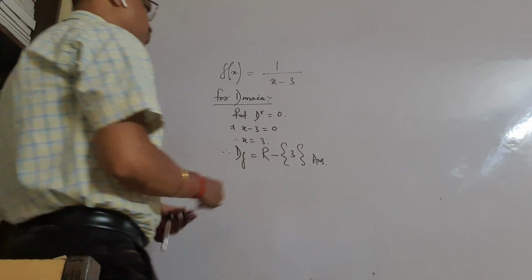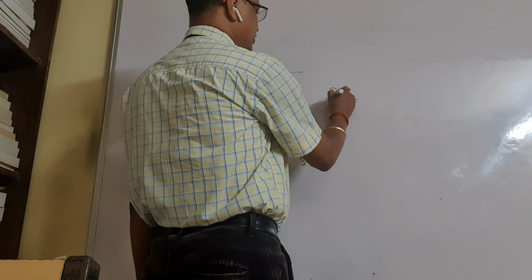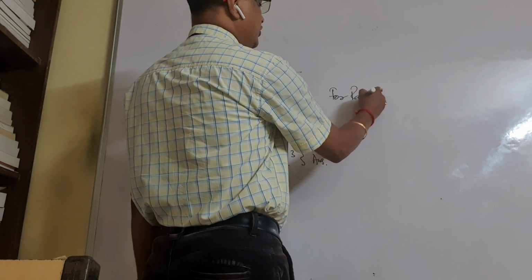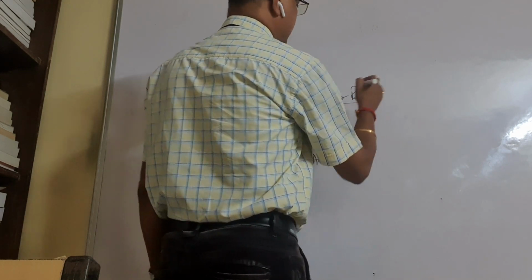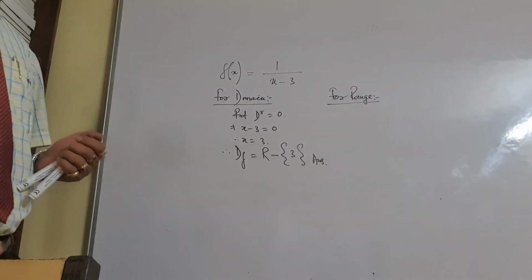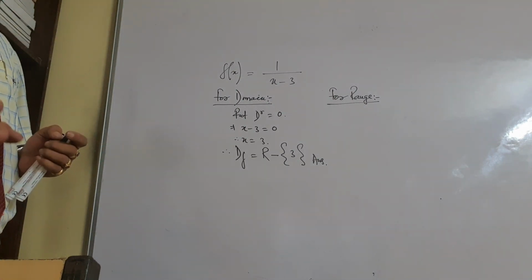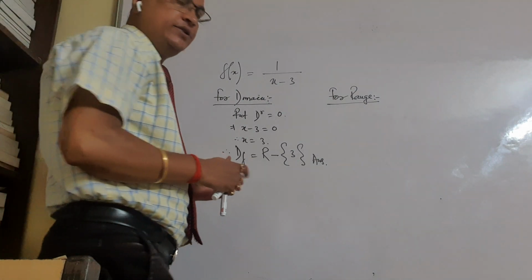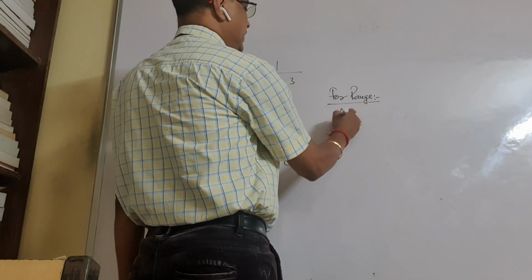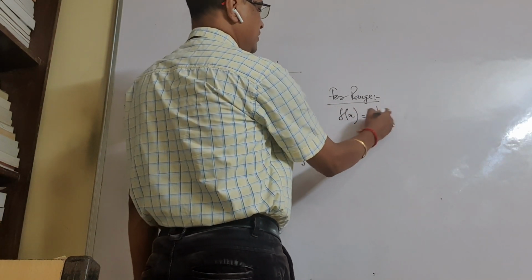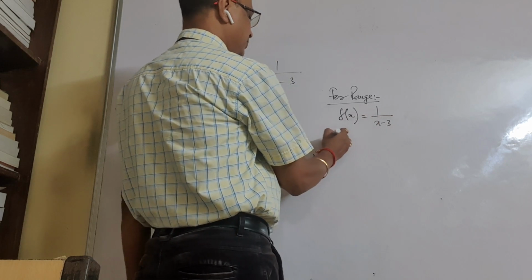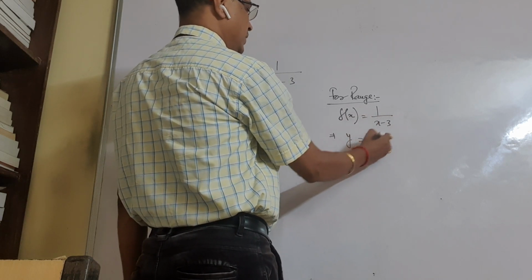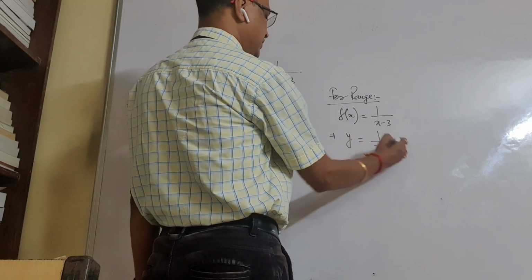Now for the range, how to proceed for the sum? If you follow the steps, I already told you, 3-4 steps, then you can follow like that. We have f(x) equal to 1 by x minus 3. In place of f(x) put y equal to 1 by x minus 3.